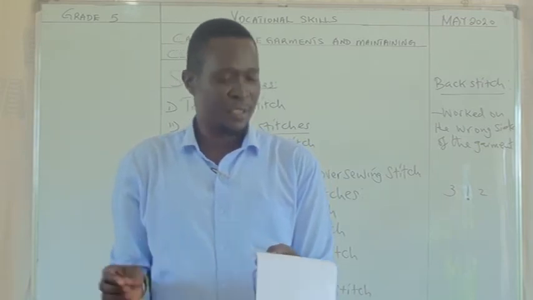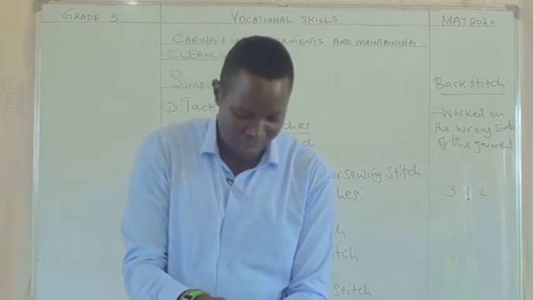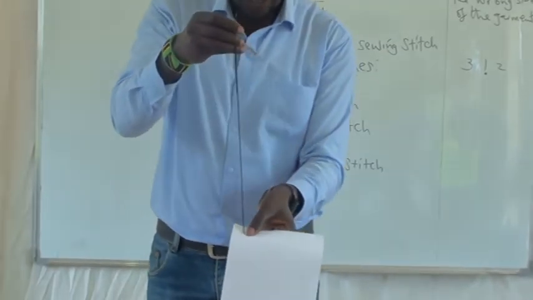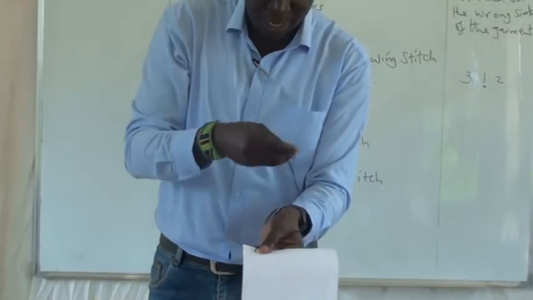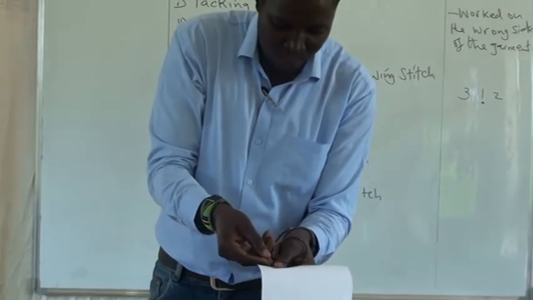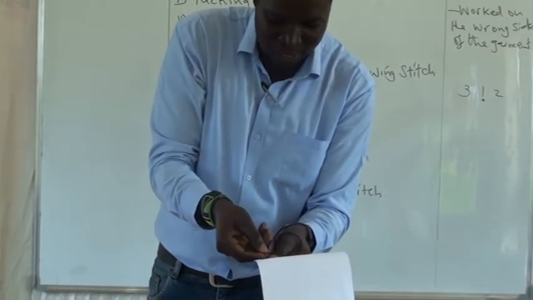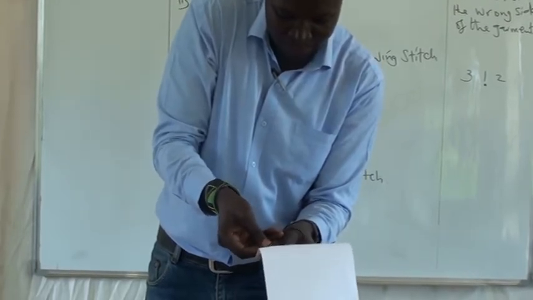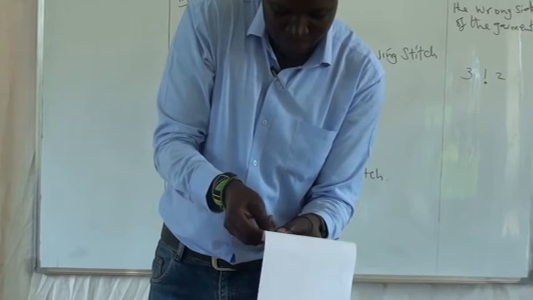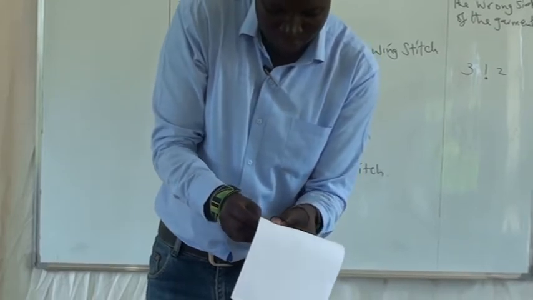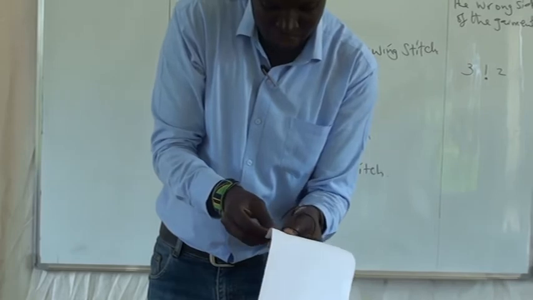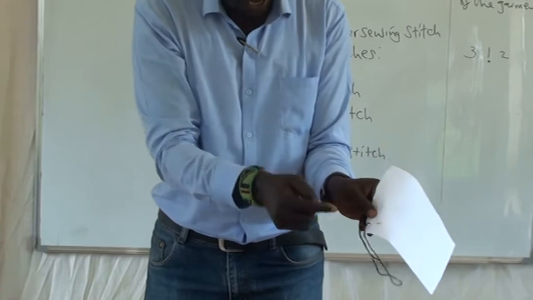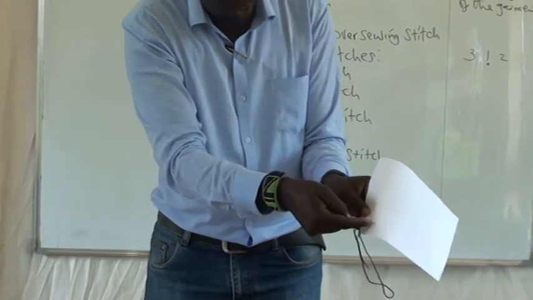It comes out at point 1. For me to move forward sewing, I bring my needle at point 2, backwards. I make a prick and it comes out at point 3. This is point 1 where we started, we are at point 2, then this is point 3.